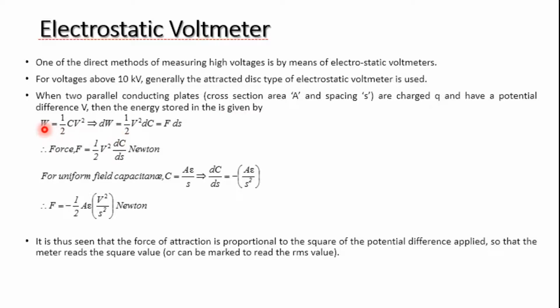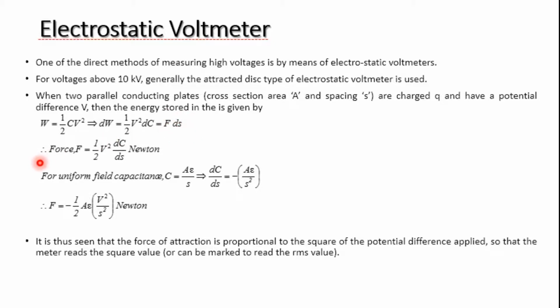So the energy can be written as half CV square. Differentiating, dW will become half V square dC. So this equation can be written as force into distance ds.